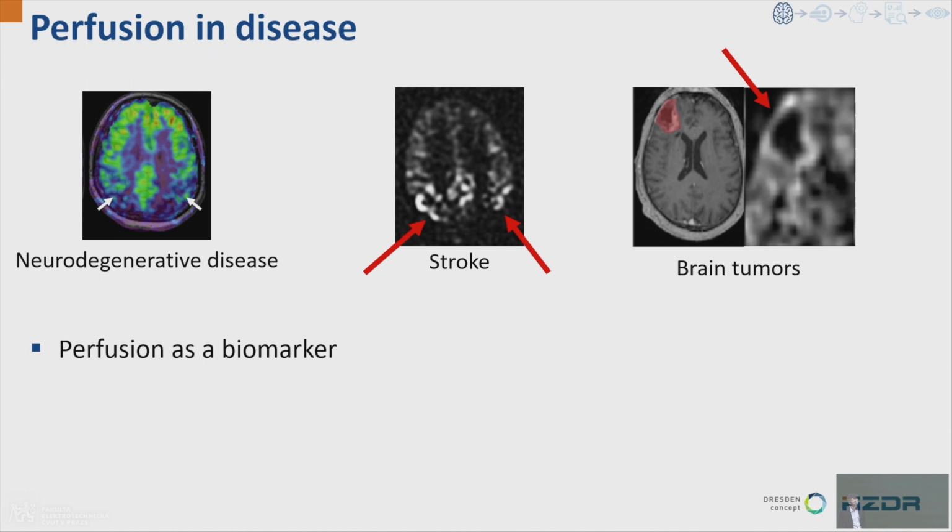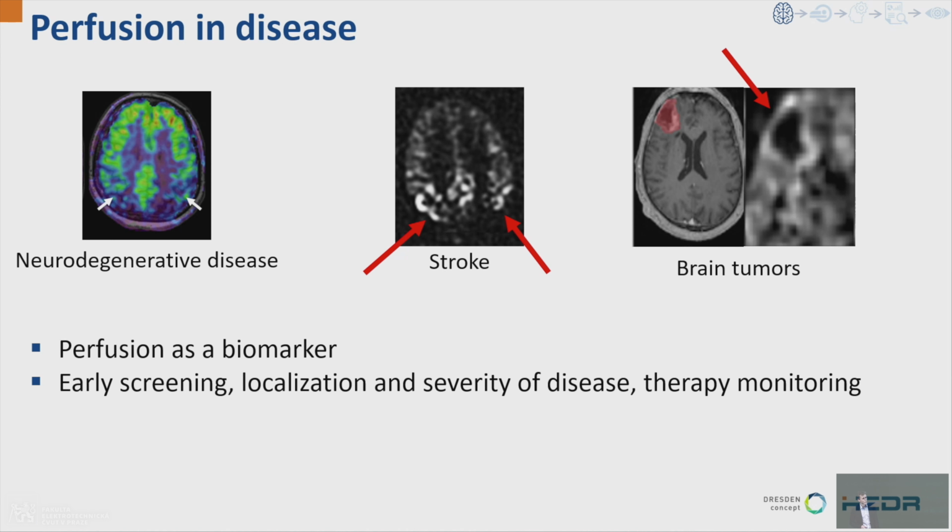So the goal of my research is to study perfusion in all these diseases and also in the healthy population, and try to turn perfusion into a clinical biomarker, which can then later be used for early screening of diseases, disease localization, assessing the severity of a disease, or for therapy monitoring.